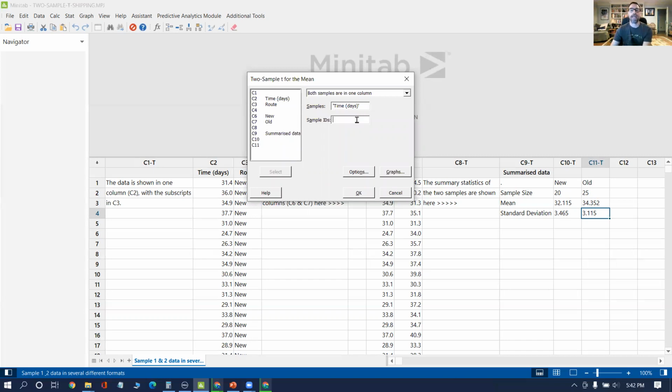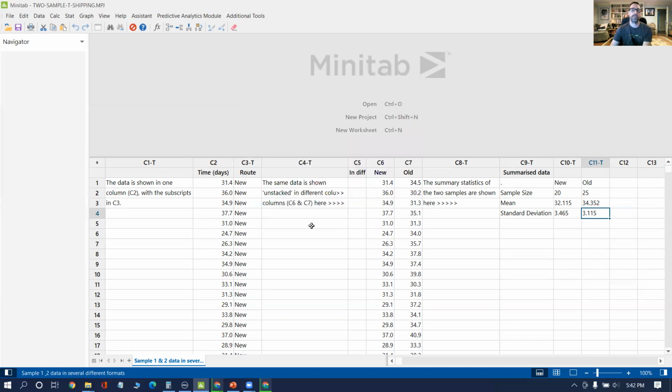And that's asking for the X. What are the groups that we're comparing against each other? We're saying that the time it takes to ship our goods depends on the route. Remember, Y is a function of X. The time it takes is a function of the route. And for the data in C2, the route is in C3. So I'm going to click on OK.